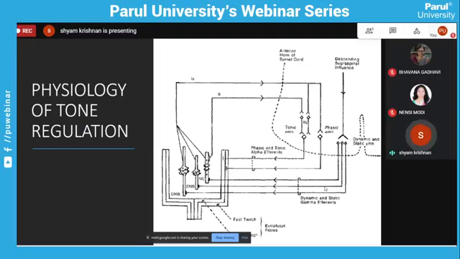Now we have to see what factors regulate or control the input of the alpha motor neuron into the extrafusal muscle fiber.